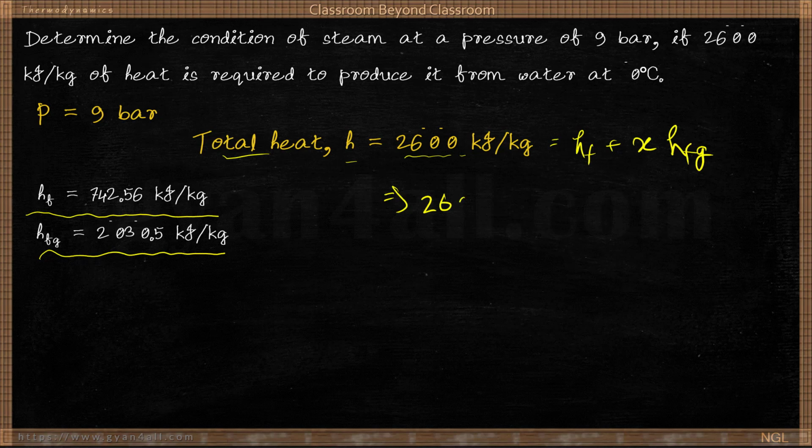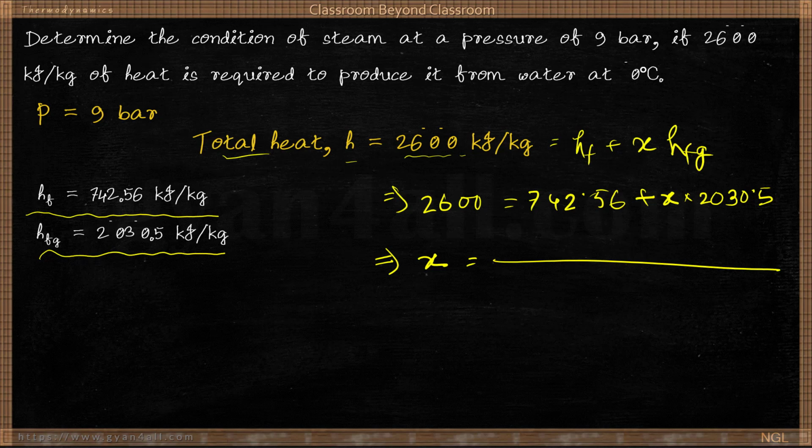So 2600 is equal to 742.56 plus x, which is not given and that we are to find out, into hfg, which is 2030.5.